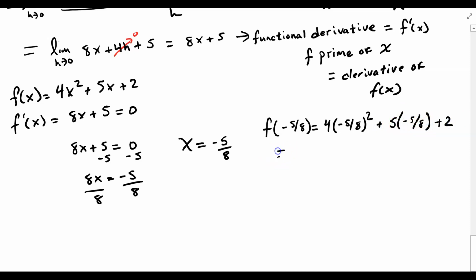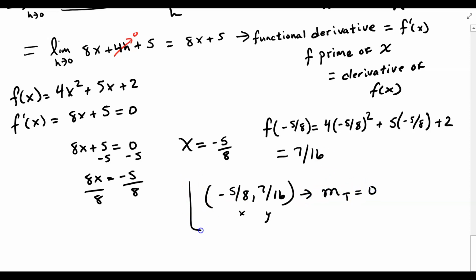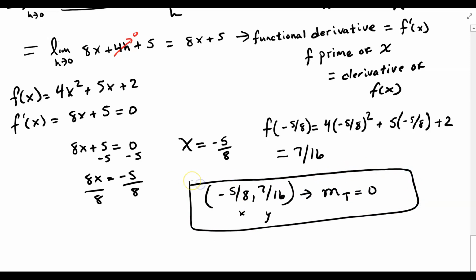I will let you figure that out, but you could use a calculator. 7/16 is where it happens. So the point is negative 5 over 8, 7/16, the x and the y. This is the point where we have a horizontal tangent, where the slope of the tangent equals 0. Not much to it there.